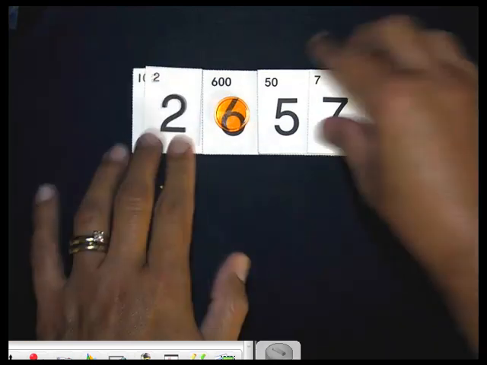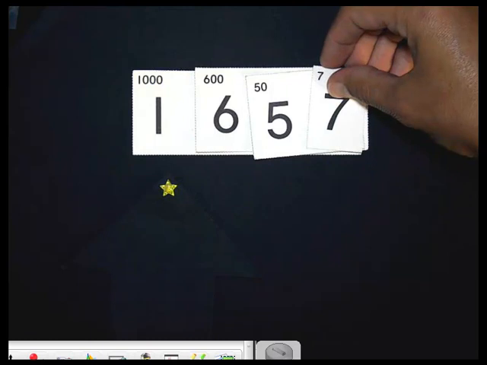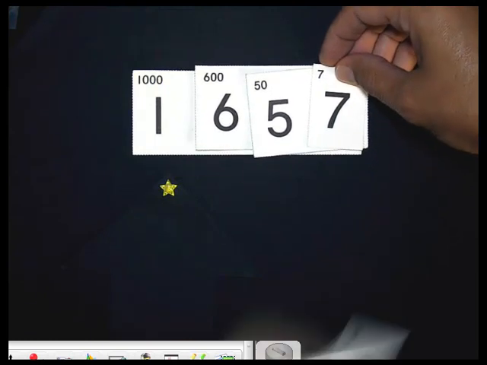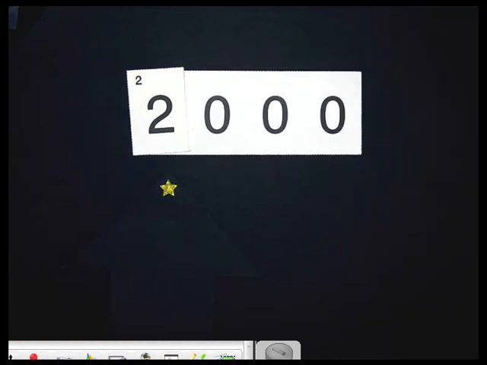And then all the numbers after the one that I'm rounding to will turn into zeros. So my estimation would be 2,000. So let's look at that again. It was originally 1,657. The 6 helped me round up to a 2 in the thousands place, which gave me 2,000 as my final estimation using rounding rules.